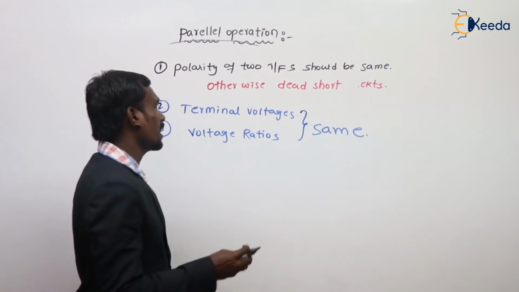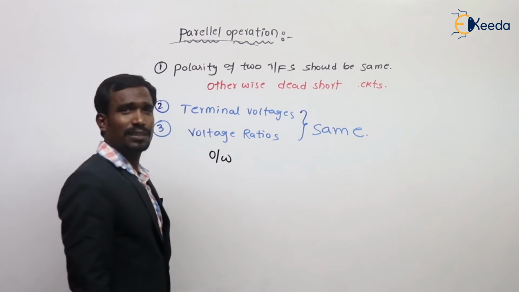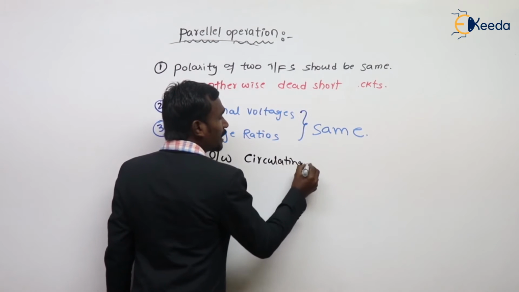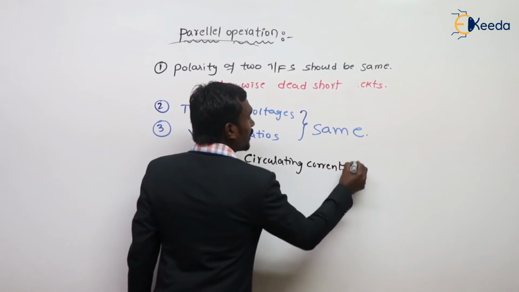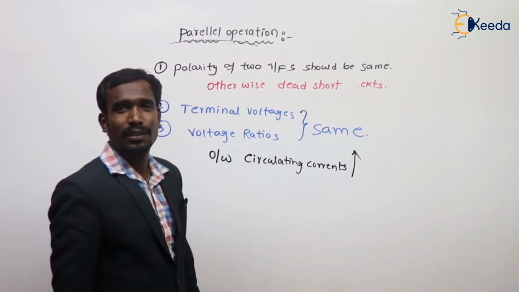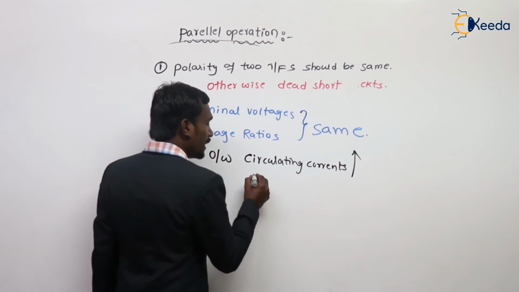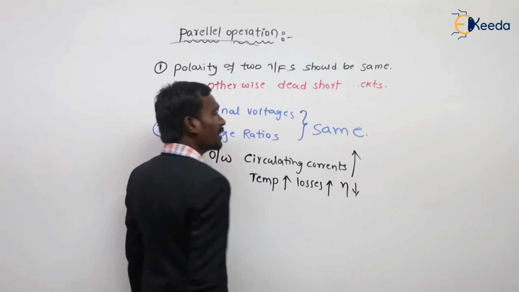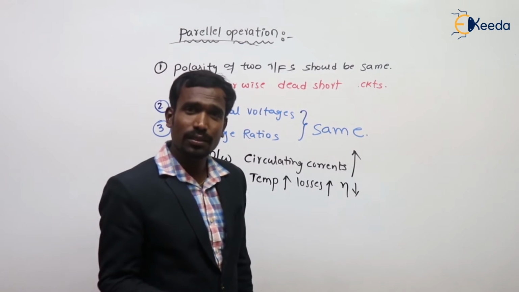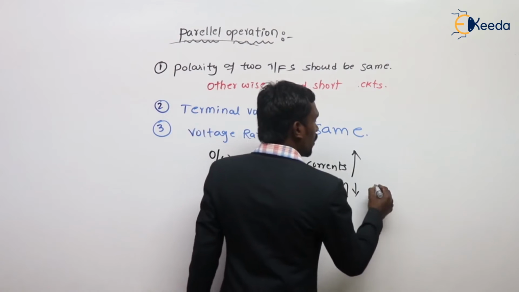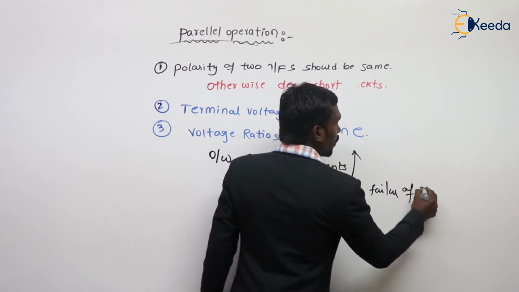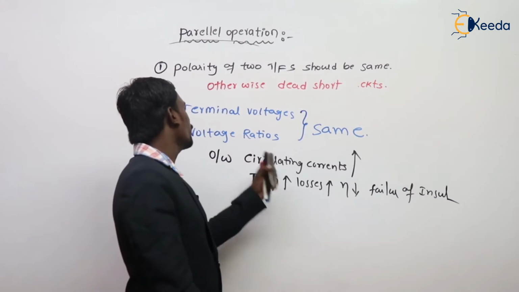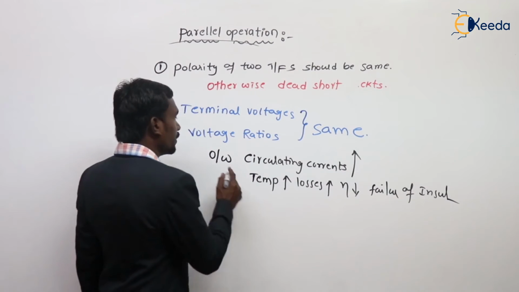Otherwise, if the voltage ratios and terminal voltages are not the same, what happens, sir?